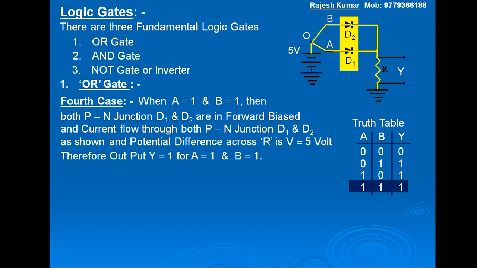Therefore, output Y is equal to 1 for A equal to 1 and B equal to 1. That is, Y is at high potential, meaning output Y is equal to 1.